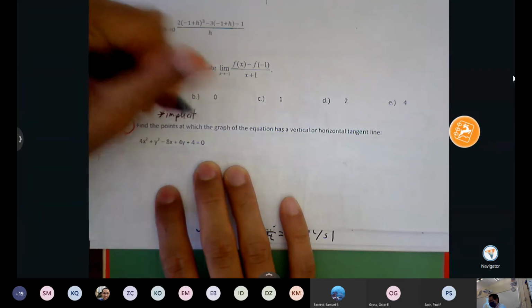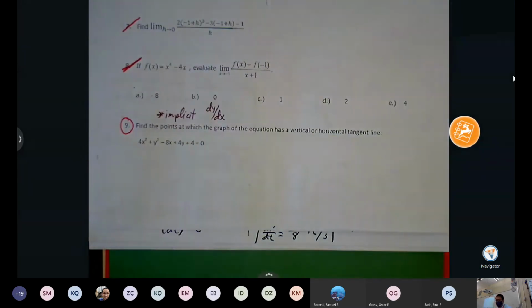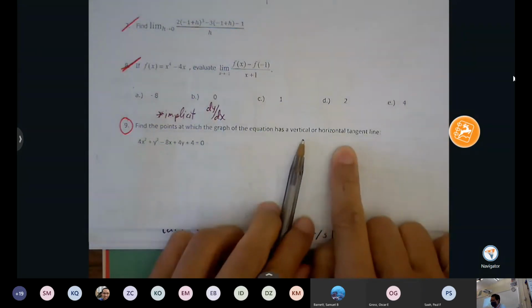And with implicit, we know we're going to have a bunch of dy dx that comes up along the way. For the y's, we will have dy dx. Okay, so let's go through and find the derivative of each term, so we can build our derivative equation, and then we can get to our vertical and horizontal.